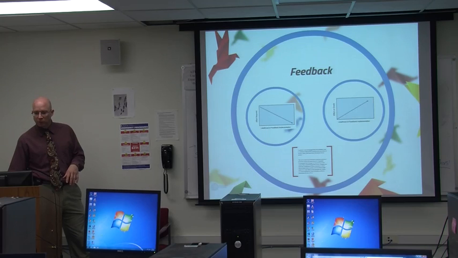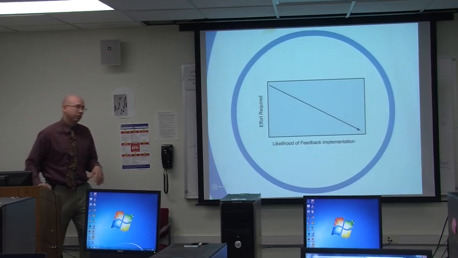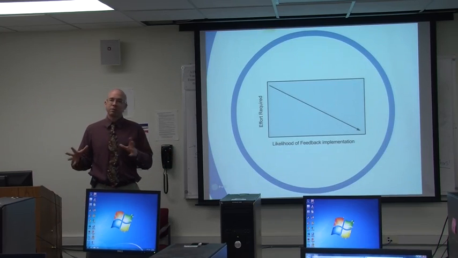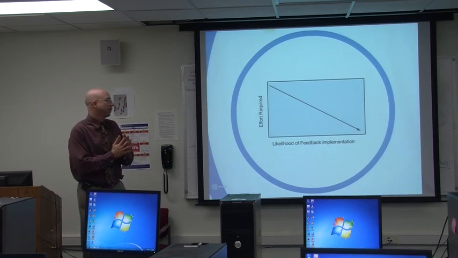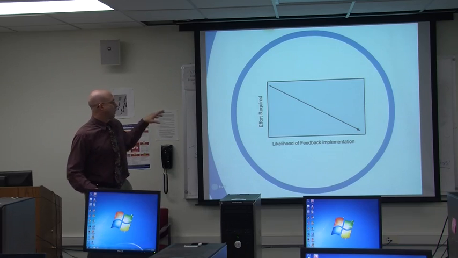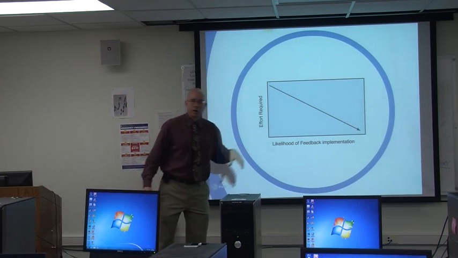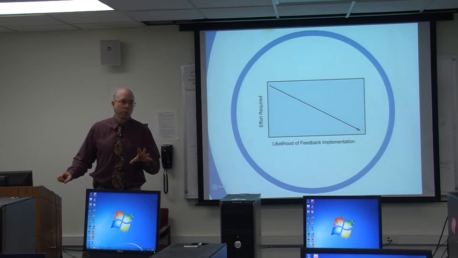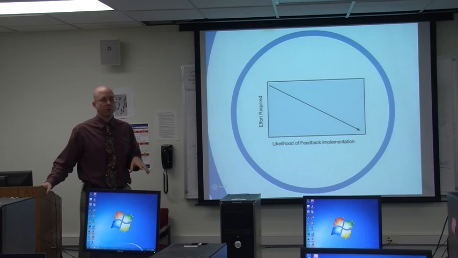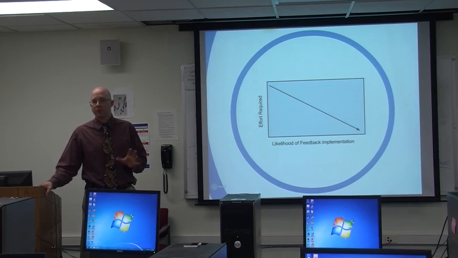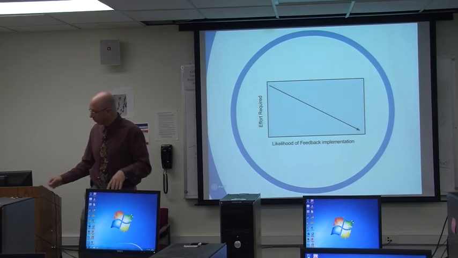When we look at feedback itself, the likelihood of students implementing feedback goes down with the amount of effort required. This is mainly with written work. If you're responding to any sort of written work, their decision matrix is how much work that is going to require. If it's a lot of work, they're less likely to do it.